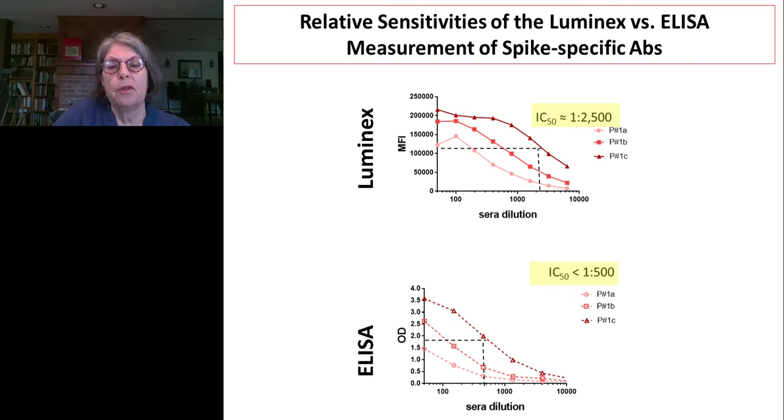And in the upper graph, we're looking at the results generated with the Luminex. And in the lower graph, you see the results generated by ELISA.